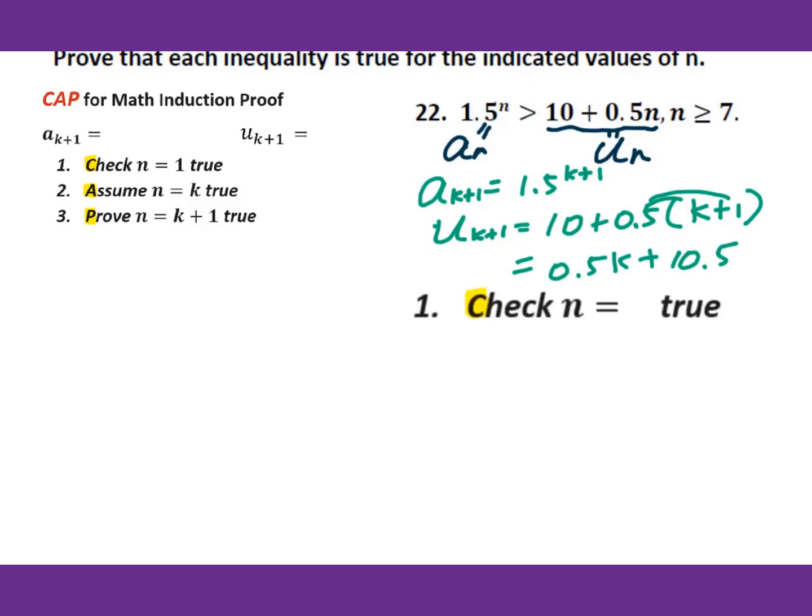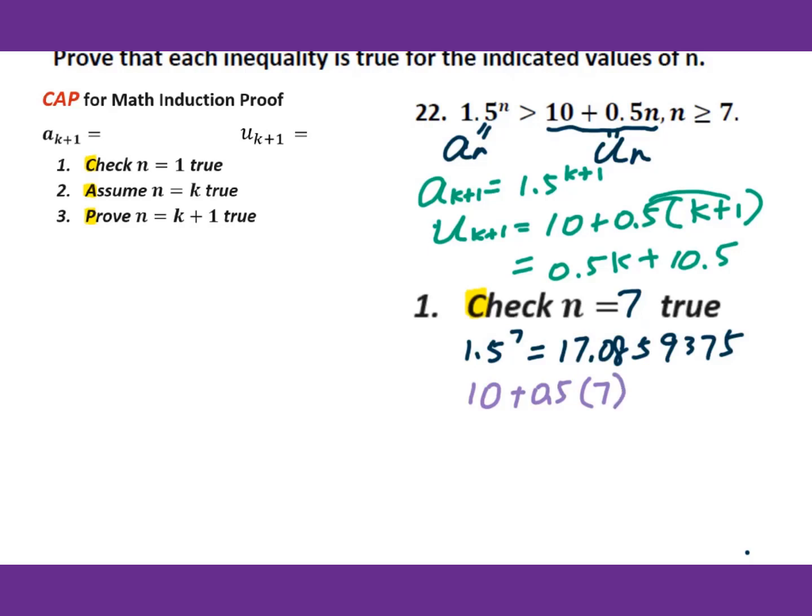Then we go to the steps. Check n equals 7 is true. Left side, we got 1.5 to the 7th power equals 17 point something. 10 plus 0.5 times 7 equals 13.5.